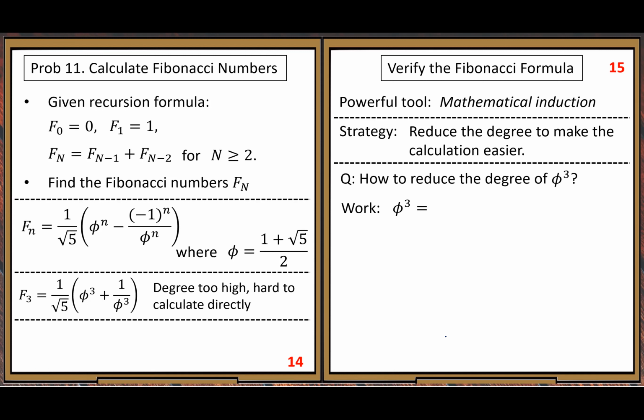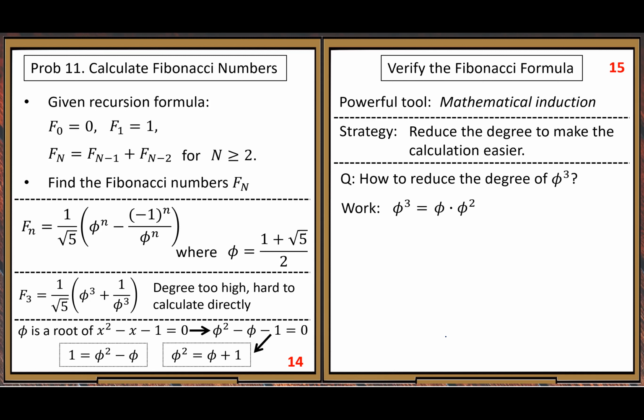How to work on phi cube? Do you see phi square in it? Can we say phi cube contains phi square as a factor, equals phi times phi square? We split in this way. Can we replace phi squared by another expression? We know that phi squared is phi plus 1.